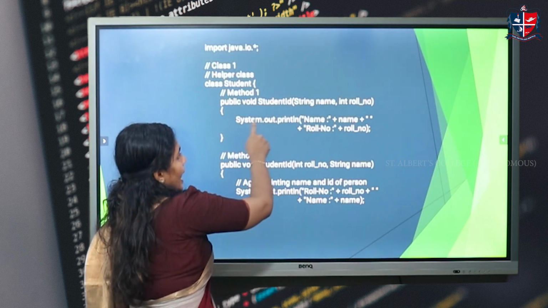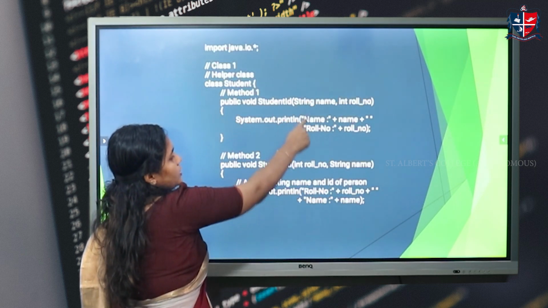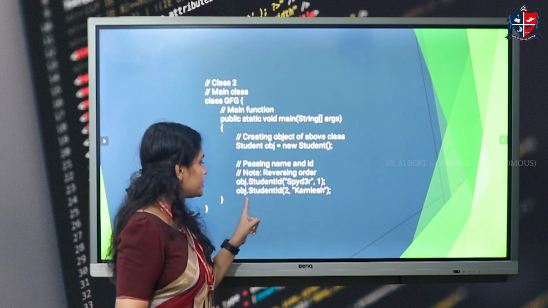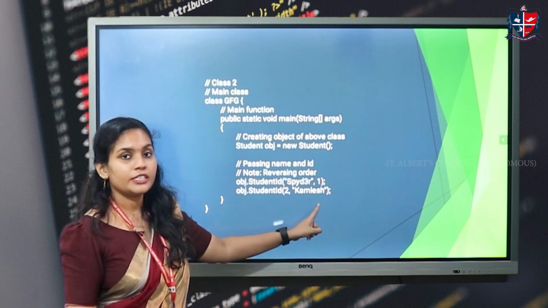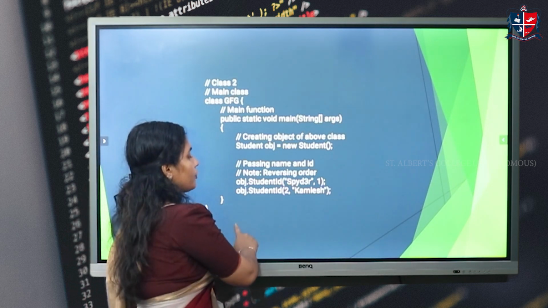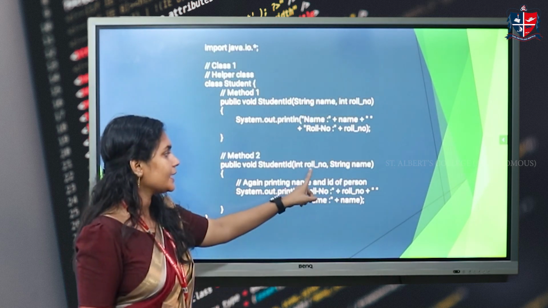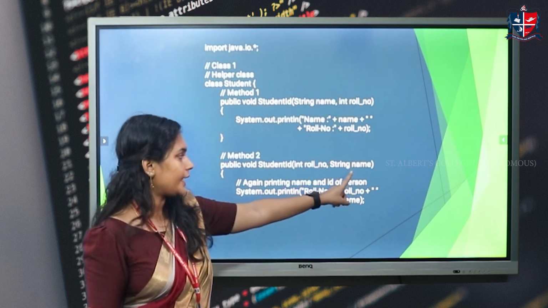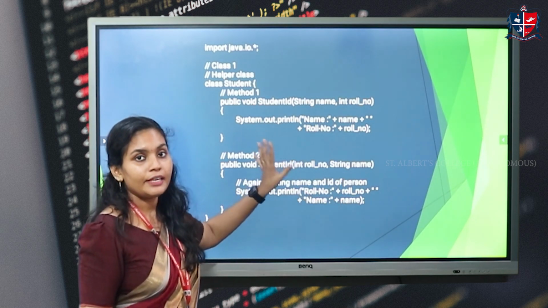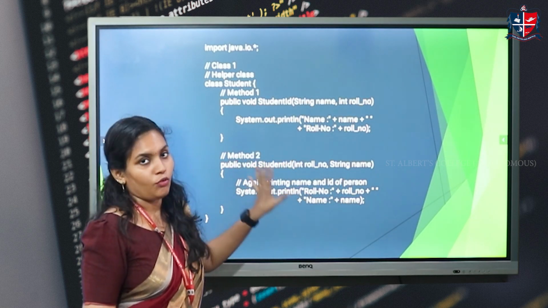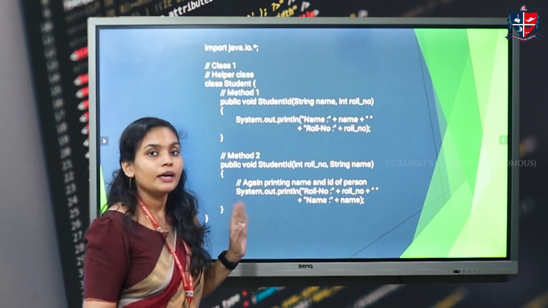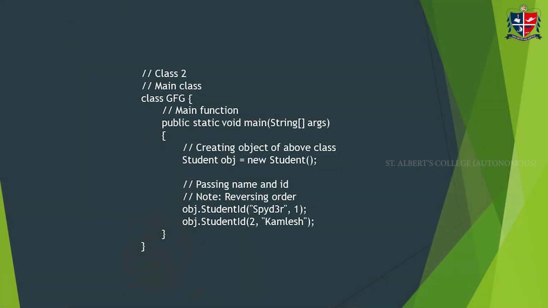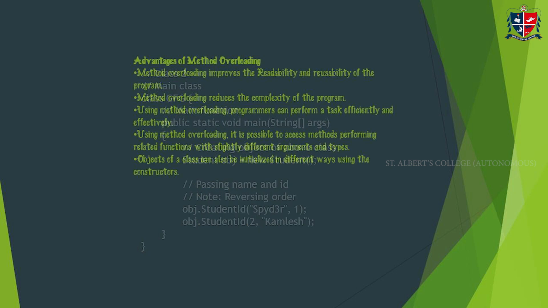So it will perform this function. And in the next case, obj dot studentId with 2 as an integer and Kamlesh as the string value will perform the second function, that means int roll number and string name. So this is the third way of implementing method overloading. That means it will change the order of the data types or the order of the parameters. These are the three ways to implement method overloading.